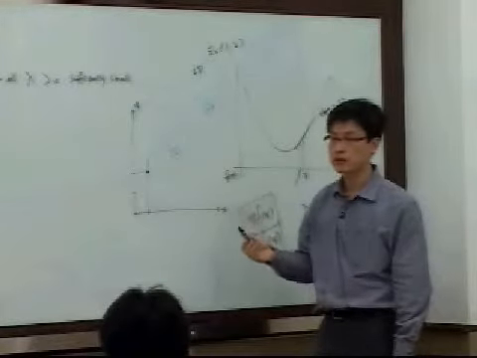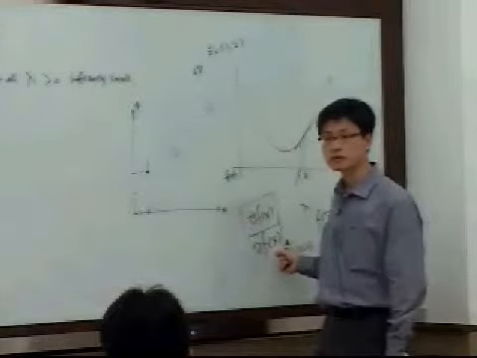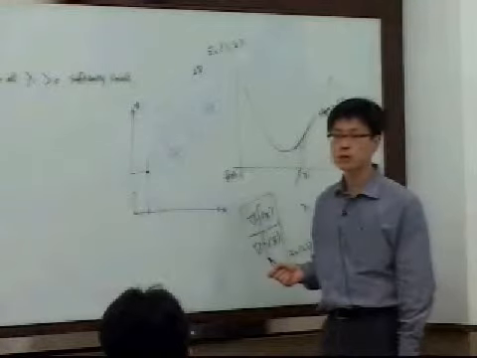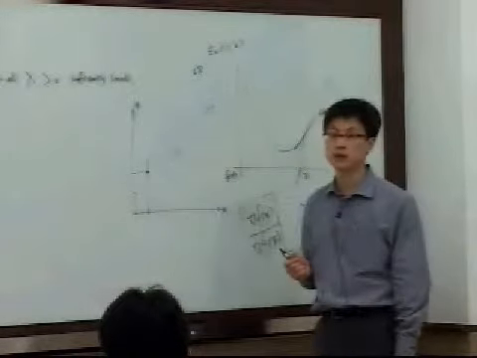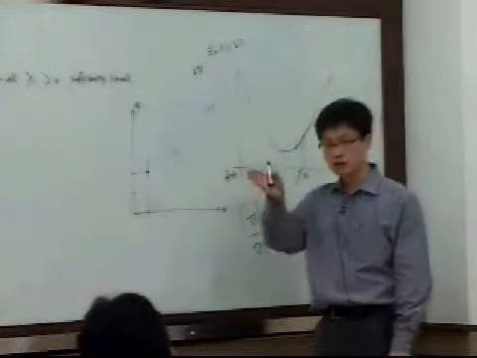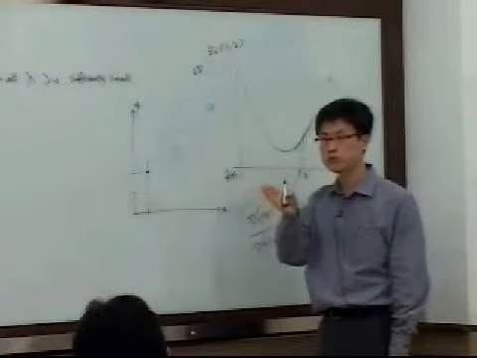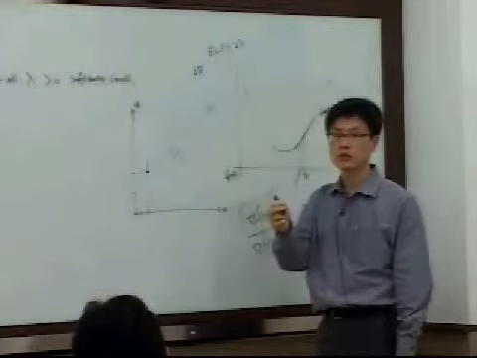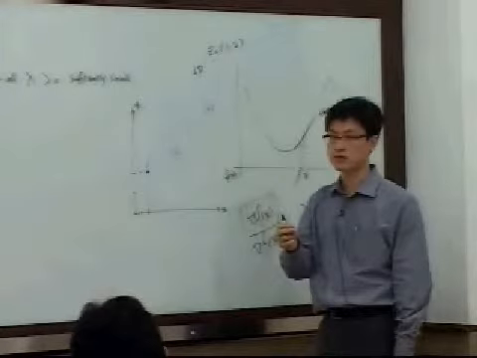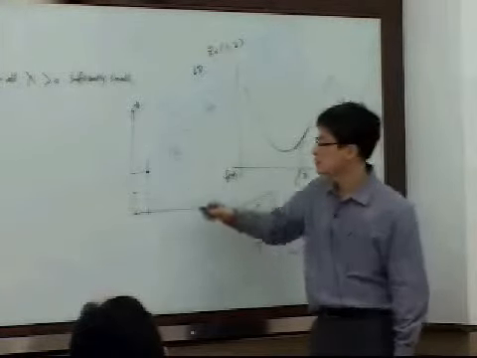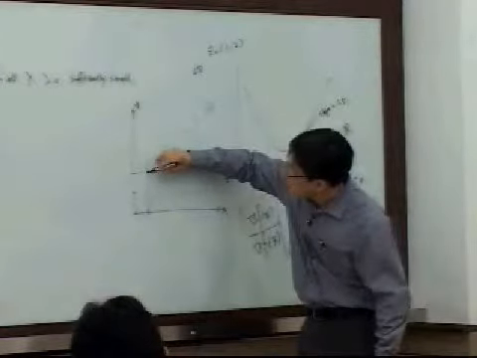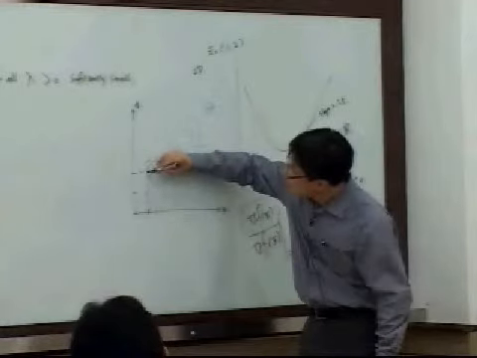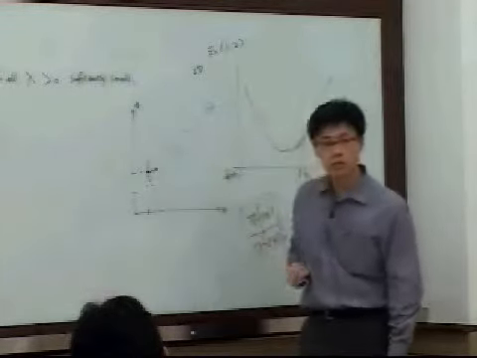So this gradient vector is always perpendicular to the contour line, because if you go perpendicular to the contour, you will get the most change.